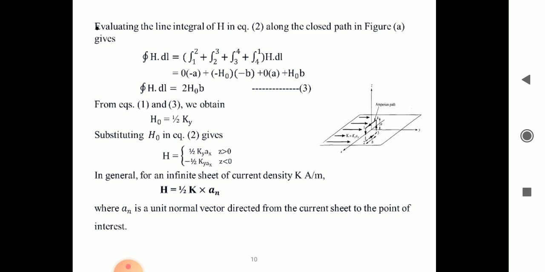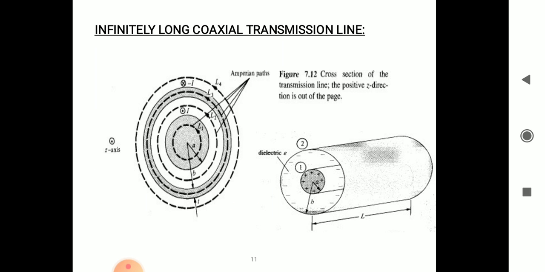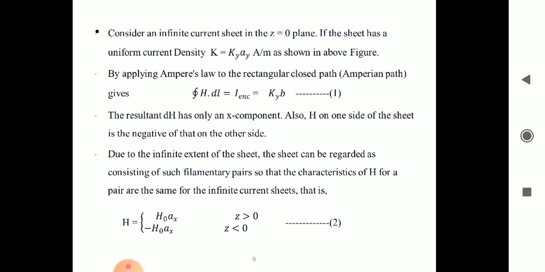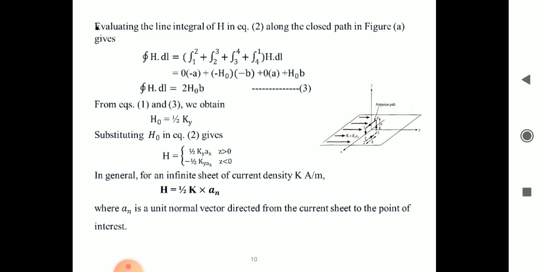Substituting H naught in equation 2 gives H equal to H naught ax minus H naught ax. Substituting, we get half Ky ax when z is greater than 0 and minus half Ky ax when z is less than 0.